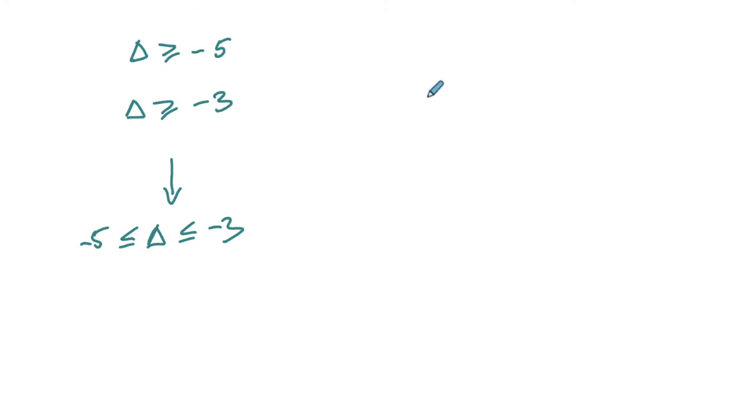Obviously this is wrong, so whenever you solve systems of inequalities involving just one variable, I recommend you plot your solution on a real line, because that is easy to do in this case. So for example, if we plot -5, delta greater than or equal to -5 corresponds to this part of the axis, and then let me use another color for the other inequality.